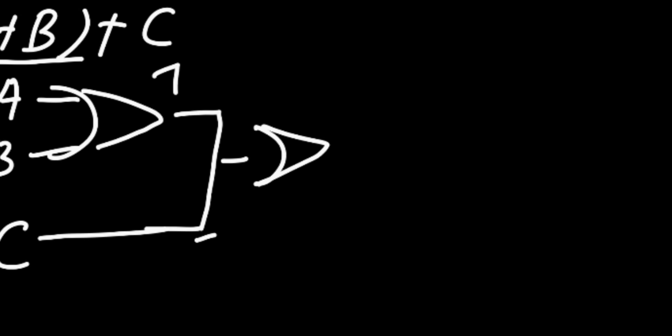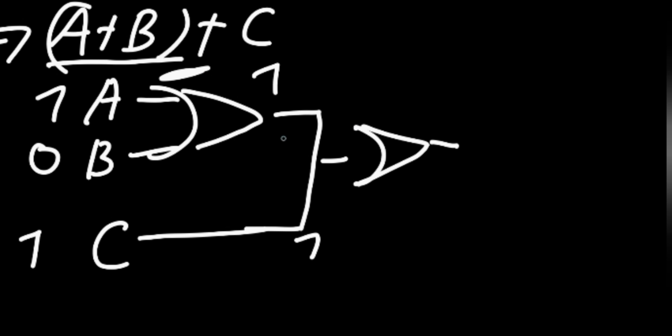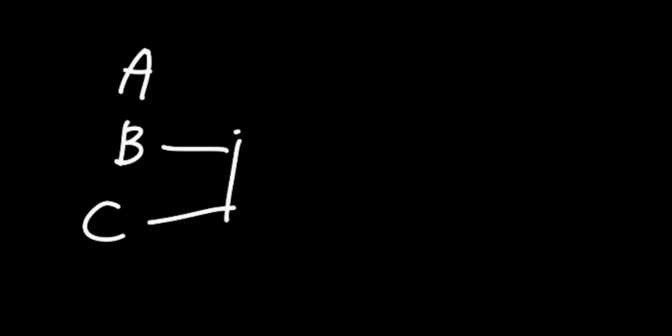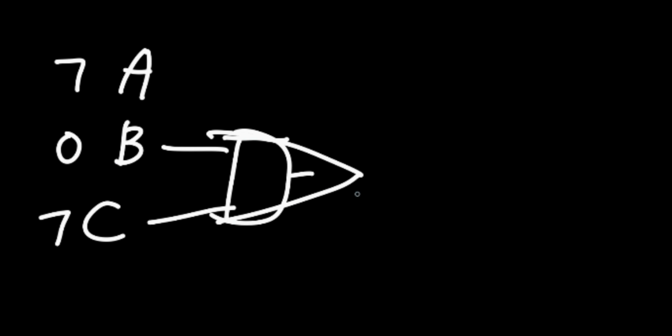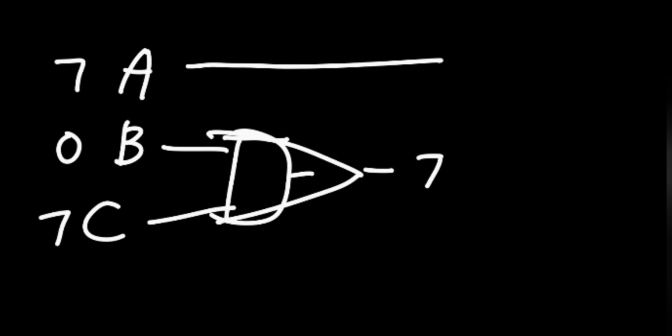C will come here, so we go through the OR gate again. Here 1 and 1 will give us 1. Similarly, let's do B and C first. C and 0 will give us 1. 1 and 1 will give us 1. I hope you understand the associative law too.